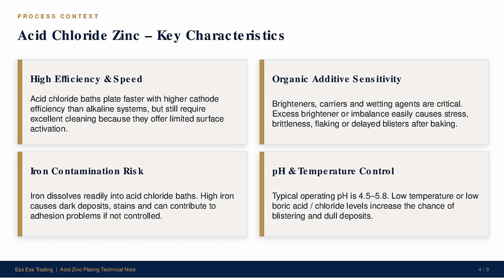Too much or imbalance can cause stress and delayed blisters after baking. Iron contamination is another risk, as iron dissolves easily and can cause dark deposits and adhesion issues. Maintaining pH between 4.5 and 5.8, along with proper temperature and chemical levels, is crucial to minimize blistering.